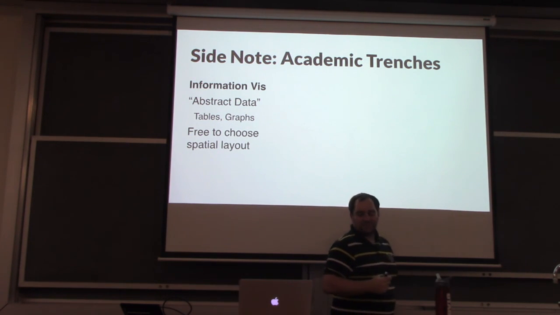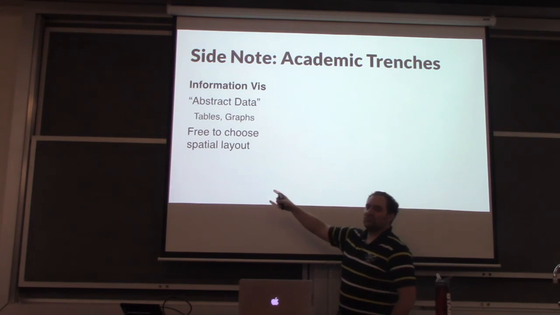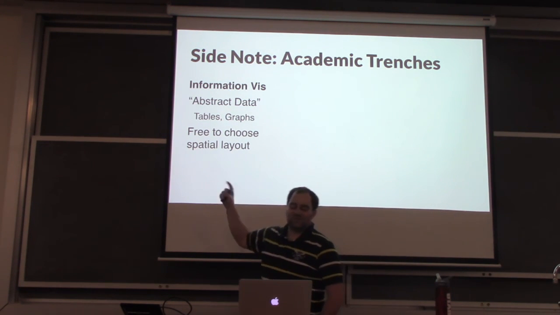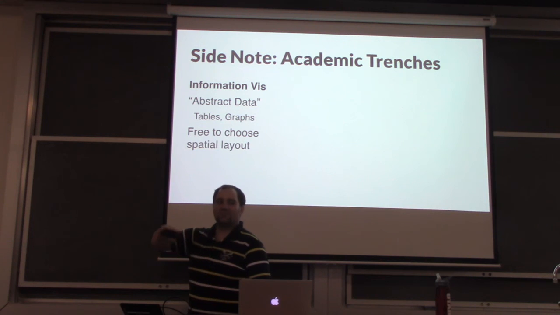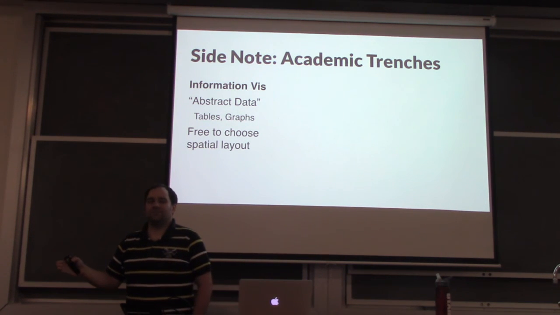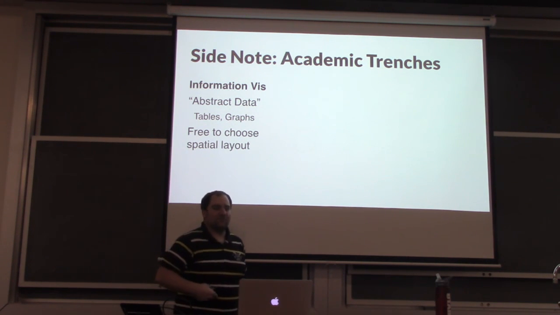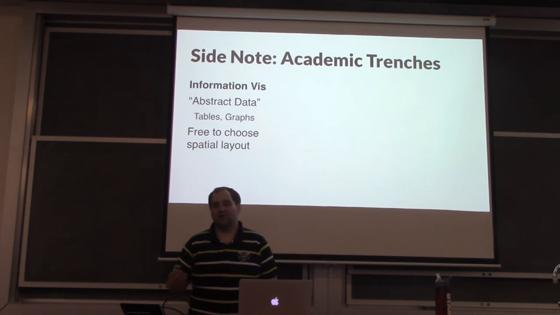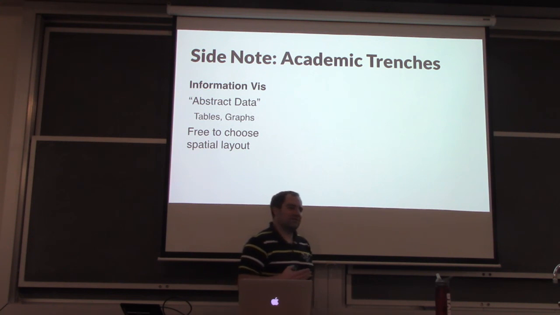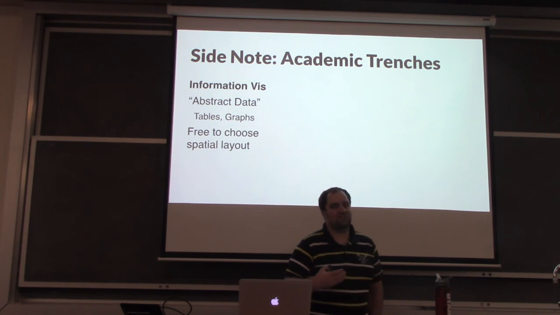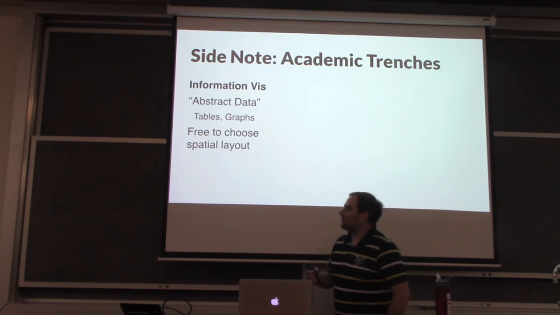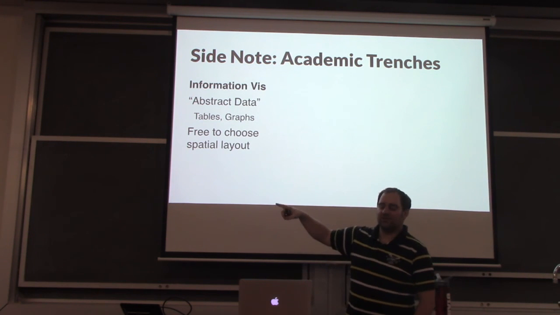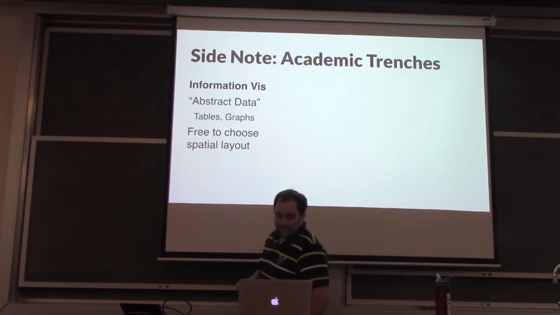What makes these interesting is the freedom to choose the spatial layout, which distinguishes them. If I have a scan of a brain and I choose where to place my pixels, it's not going to be super helpful. But if I have a table of heights of people, then I can choose how to plot them. So there's more creativity and less mathematical, just describing the reality. And so humans play a bigger role, understanding how humans perceive things and so on.